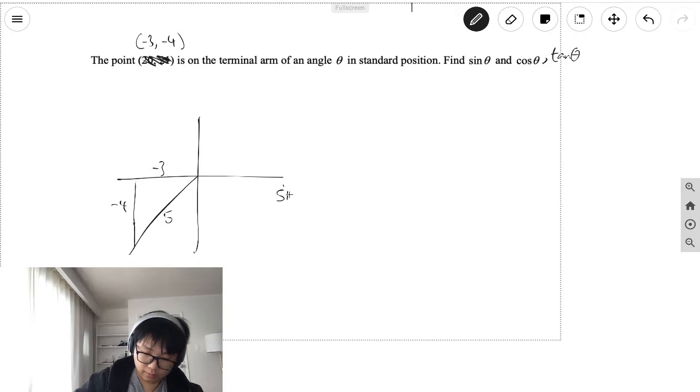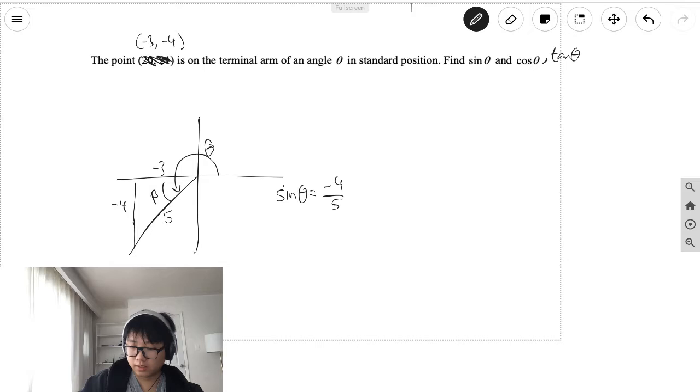So sine theta. Again, we're not looking for that. So this is beta, that's theta. So again, we're not looking for the angle. I mean, they could ask you for angle, but we're really just interested in the ratio. So sine ratio is going to be -4 over 5.